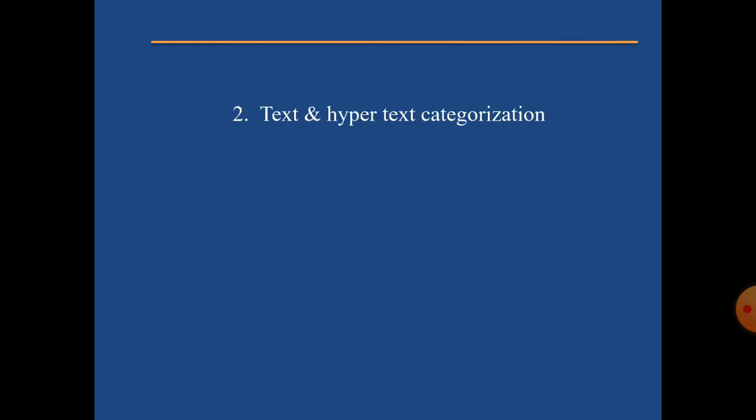Coming to the second one, text and hypertext categorization. Here the training data set is used to classify documents into various categories. For example, if news articles are classified, do they belong to state news, central news, movie news or sports news, etc.? We keep a threshold value. If the document reaches that threshold value, then the document is classified into a particular category.